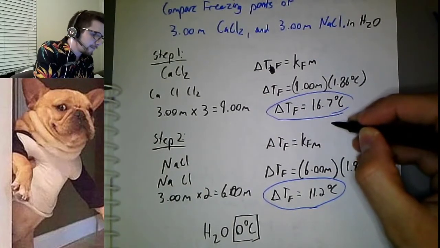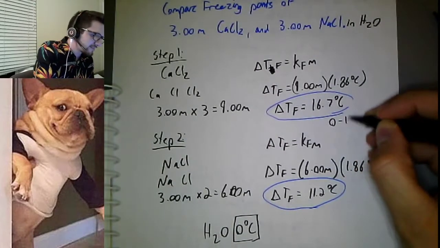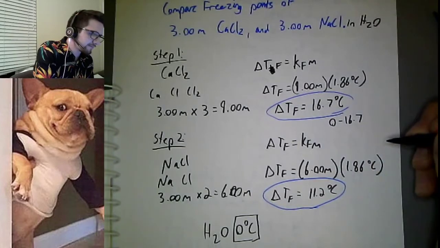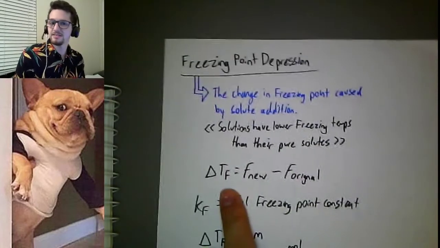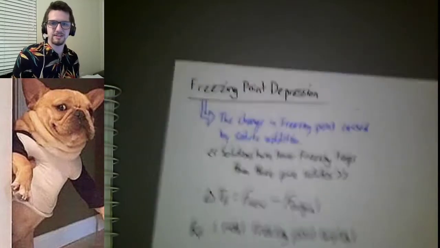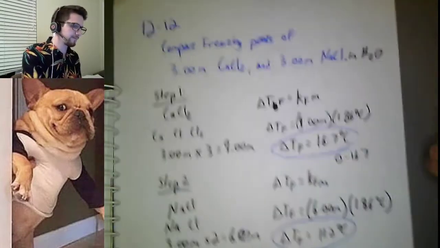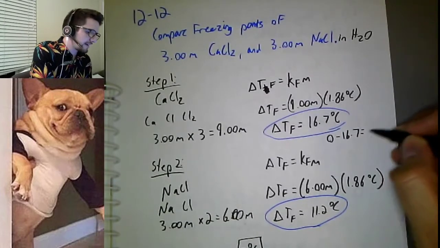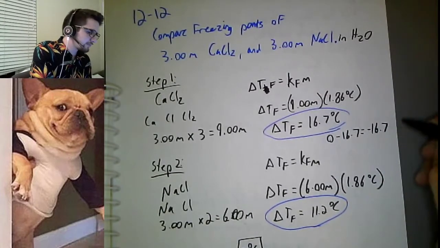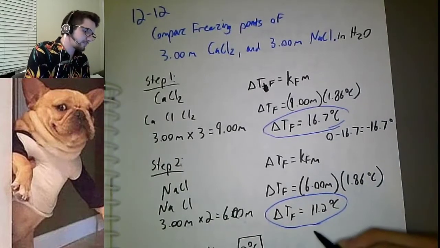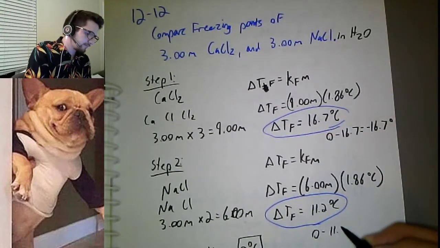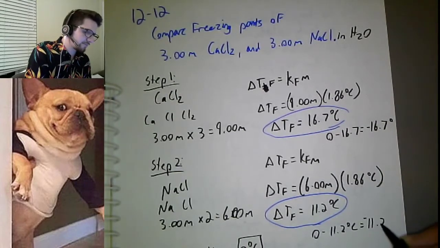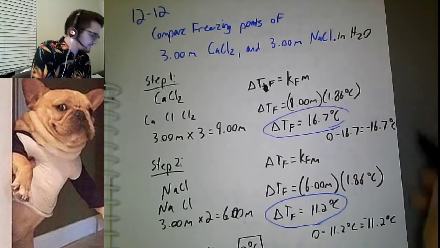So if I did 0 minus 16.7, why am I doing this? Because to find this, you must subtract the change from the original. So I end up with minus 16.7 degrees. If I subtract these, I end up with negative 11.2 degrees Celsius.